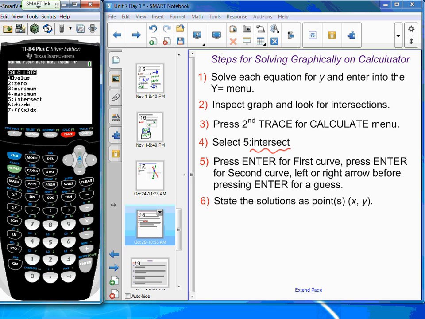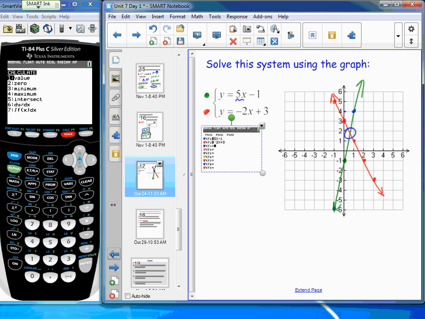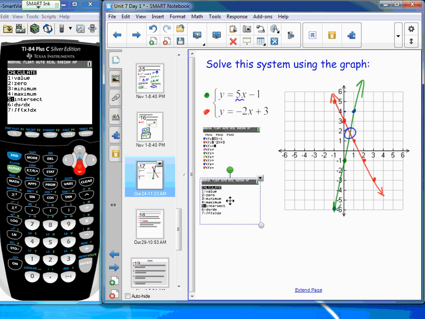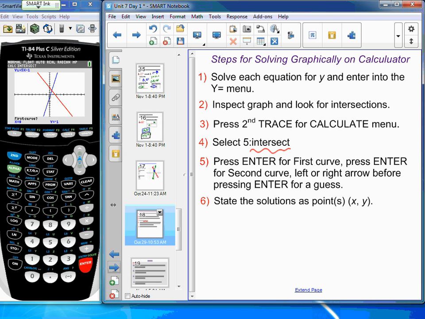Good. So we've got our calculate menu, and we're going to select the fifth option, intersect. Then we'll do first curve, enter, second curve, enter, and then use our left and right arrow keys to get close to a guess before pressing enter a third and final time.